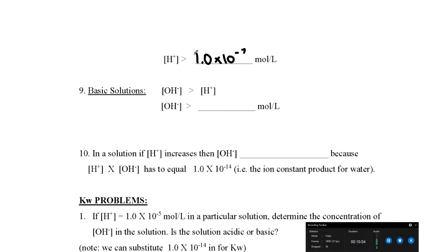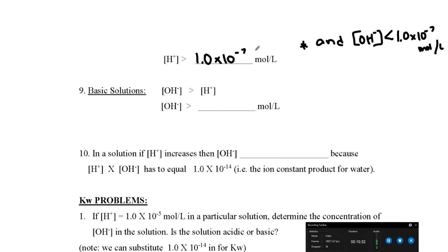That also means the H plus ion concentration is higher than the OH negative concentration. The other thing going on is that the OH negative concentration is less than 1 times 10 to the negative 7.